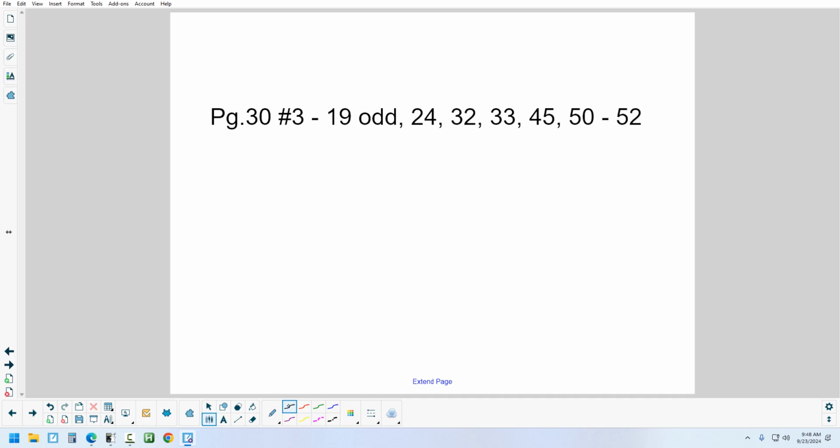So that's the homework for tonight. 3 to 19 odd, and then 24, 32, 33, and 45. Okay, so we'll take a look at that tomorrow. And don't forget on Thursday we have a review day. The second test for the term will be on Friday.